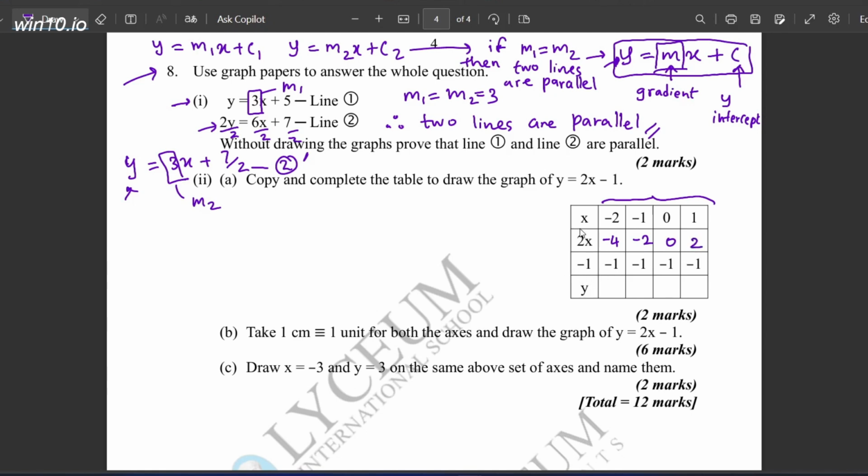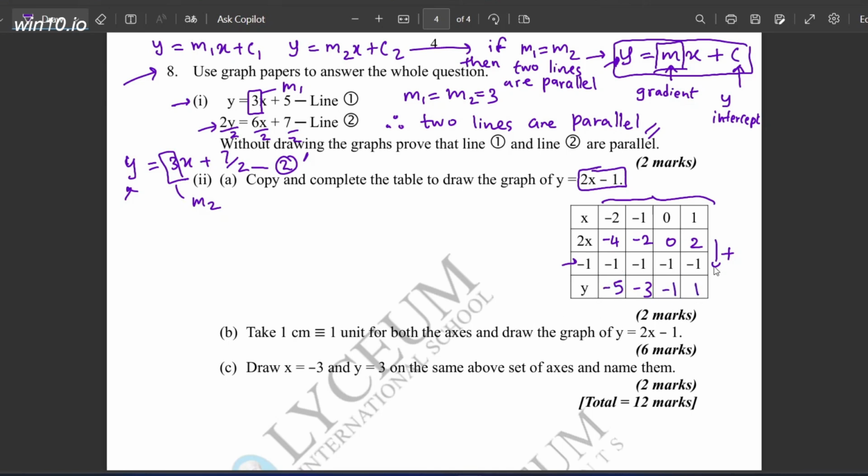Then we have to subtract 1 from 2x, no, we have to add because this is minus 1. So then minus 5, minus 3, minus 1, 1.